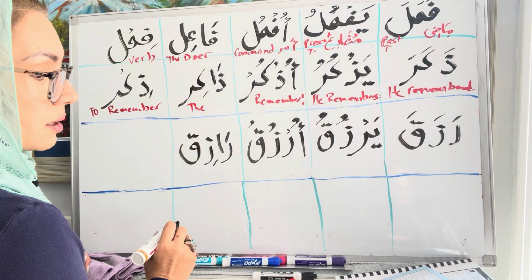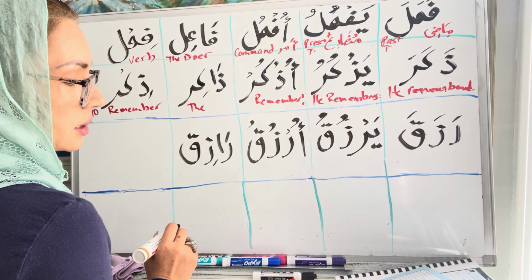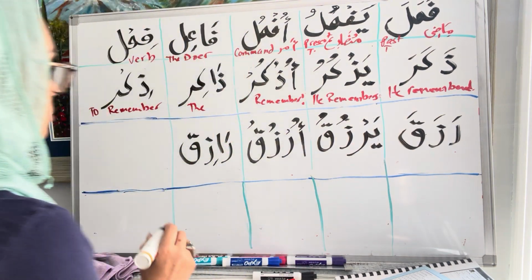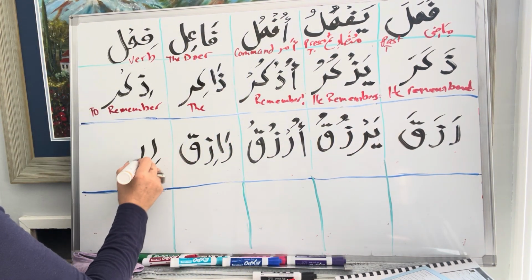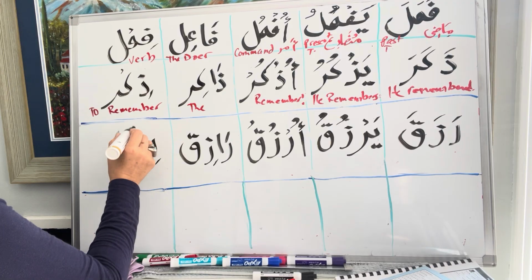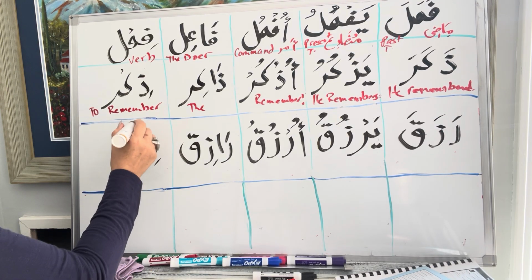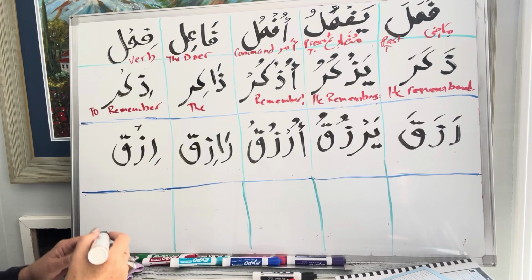And then the فاعل is رزق. That's a سكون.